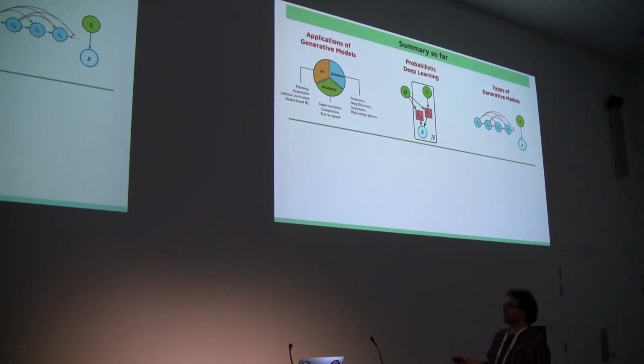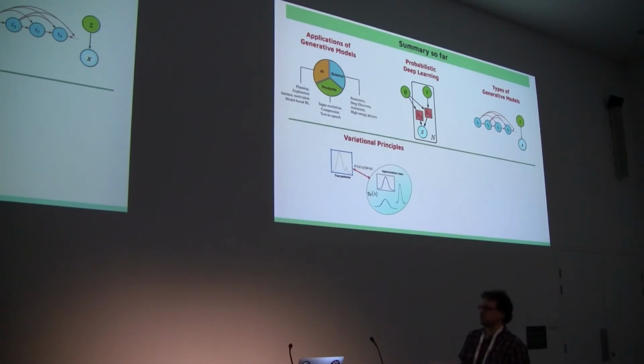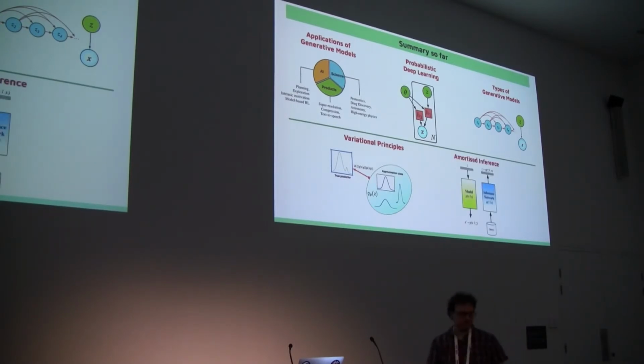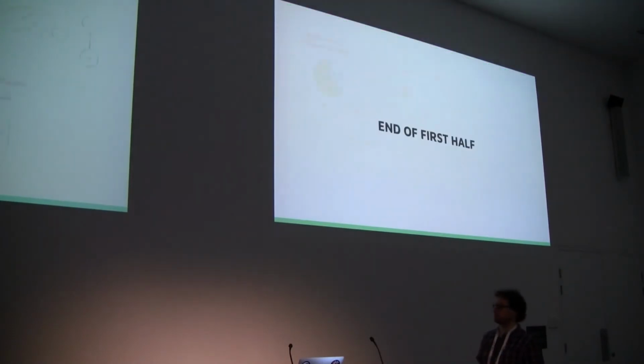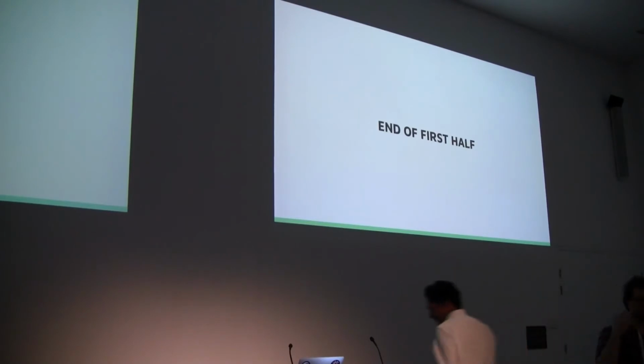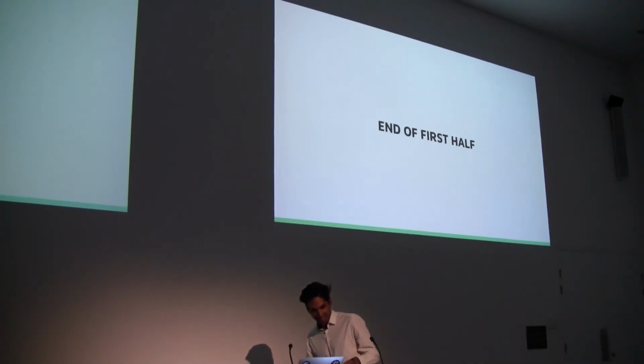Then I spoke about fully observed models and latent models. Then we introduced variational approximation, and one very simple instantiation of that, which is the VAE. So this is the end of this first part, and now I'll let Shakir talk about the next steps, which involve optimization and implicit models.